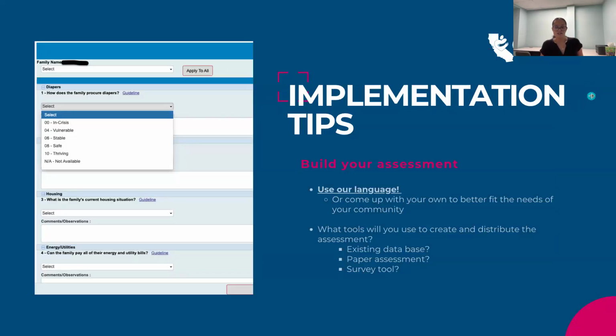So finally, I just wanted to get into some of the implementation tips. As I said, the first thing you've got to do is build your assessment. Maybe pick a program that you think would be a good program to start this in. Those siloed programs are good for this because it helps you see the more needs that families have.